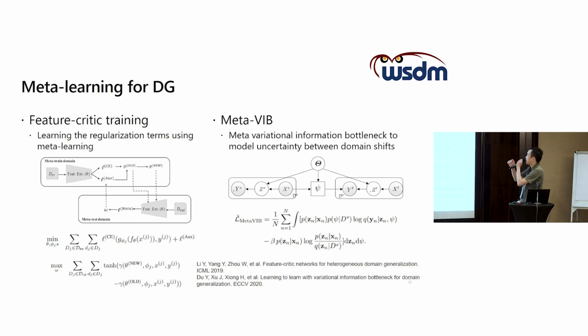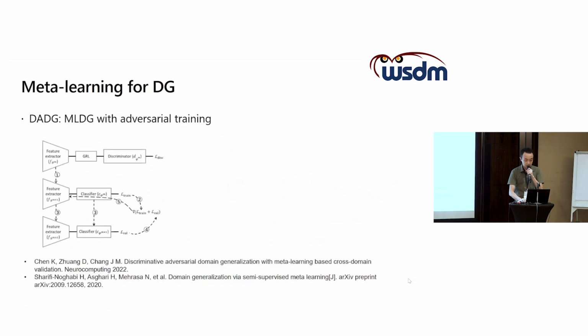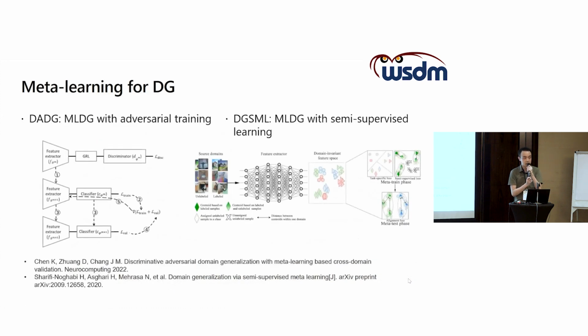For example, in Meta-VIB, one can apply the idea of meta-learning together with the uncertainty modeling, which I just introduced, to improve the generalization capabilities of the model. Besides, I also want to share with you some other typical works which also apply meta-learning to the problem of domain generalization.